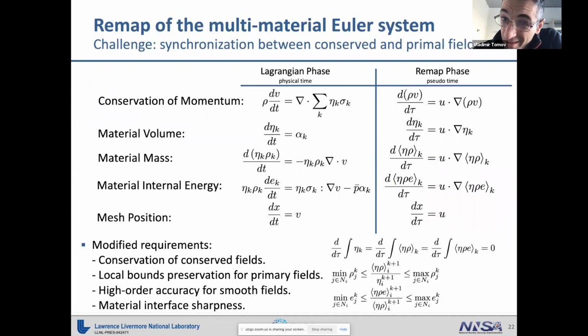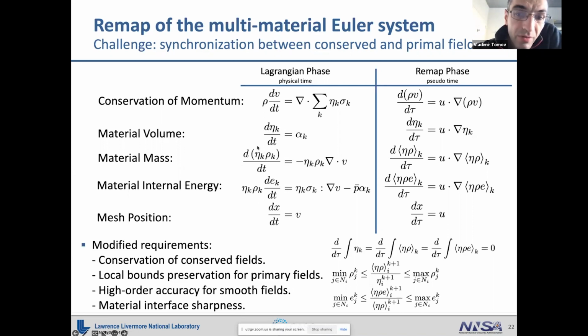All right, now things become more complicated though when one wants to remap the system. Everything I showed up to now was just remapping the scalar. Now we have the system, so first we have the volume fractions, the eta, then we have the masses, thermal energies, and what you want to remap.